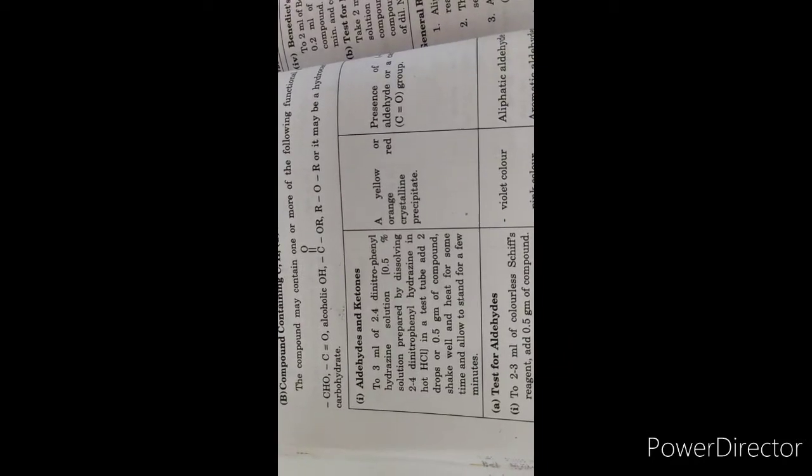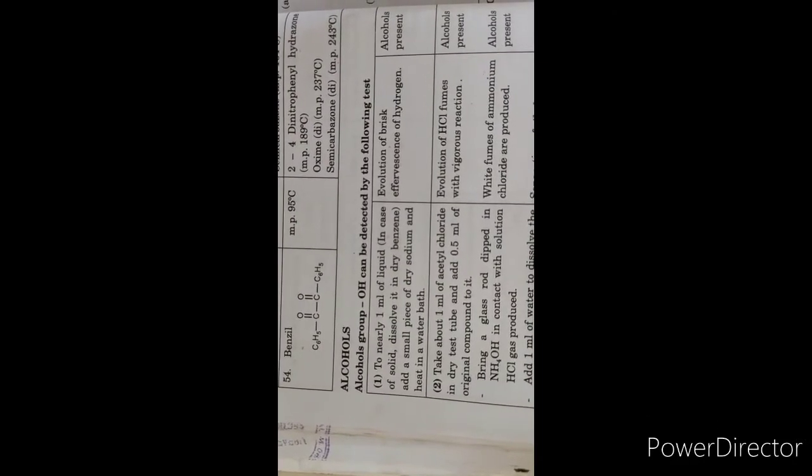Here you can see that in a test tube I have taken 2,4-dinitrophenyl hydrazine solution and now I am going to put in 2 drops of this compound. There is no development of orange red crystalline precipitate or yellow precipitate. See, yellow color is there but no precipitate is there. That means the aldehyde or carbonyl group, that is ketones, are absent.